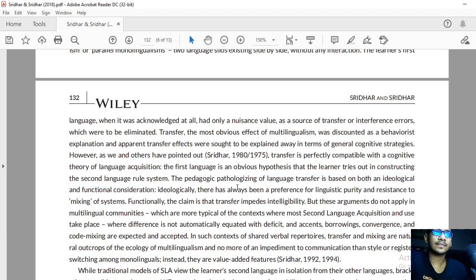Ideologically, there has always been a preference for linguistic purity and resistance to mixing of systems. As we already talked about, people used to think that monolingual language users are the best because they only know one language, there is no transfer, there is no scope of interference. So they thought that monolingual English speakers were the best English speakers.